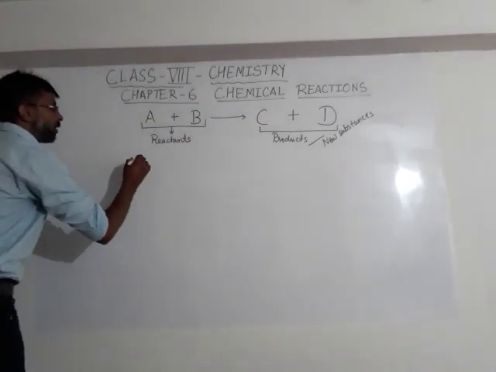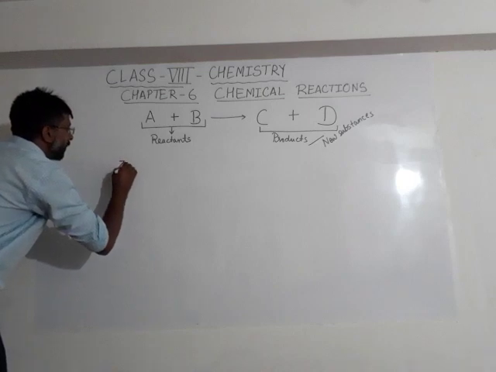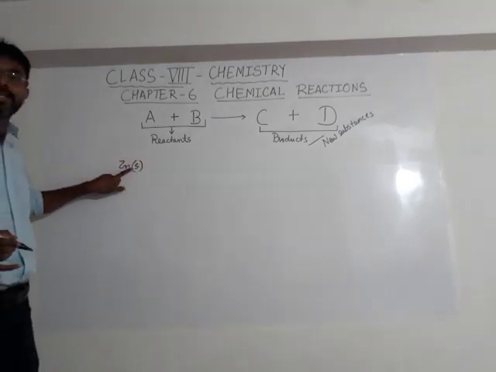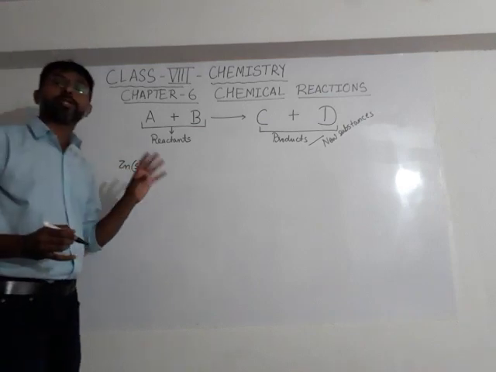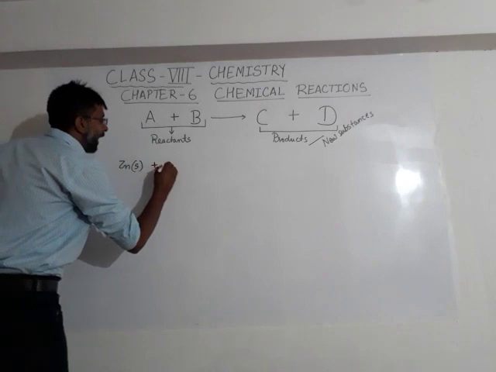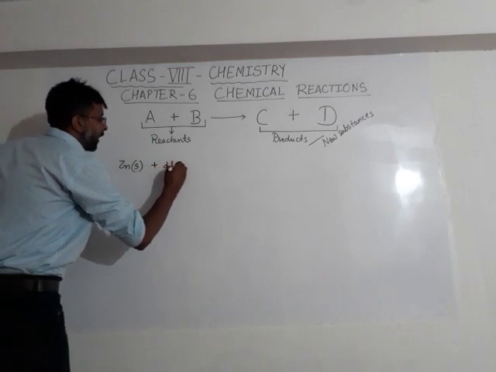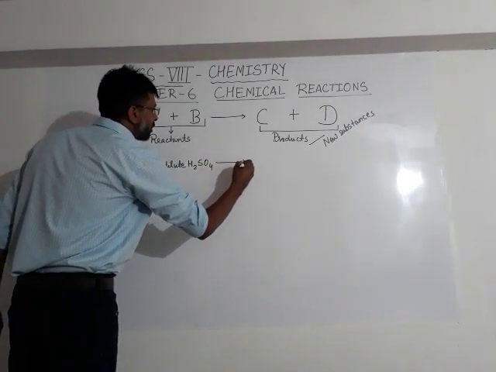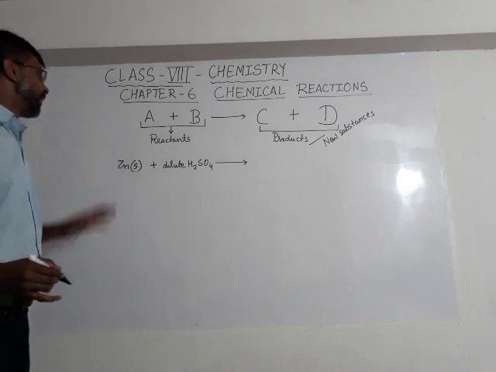Now, let me take an example for the reaction between zinc metal. I am writing zinc within brackets S. Small s means it is solid, zinc metal. To this zinc metal, if I add dilute sulfuric acid, dilute H2SO4, then a reaction is going to happen very vigorously.